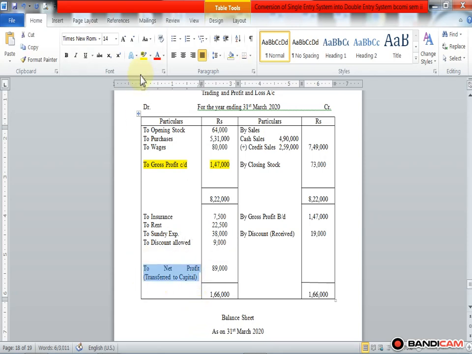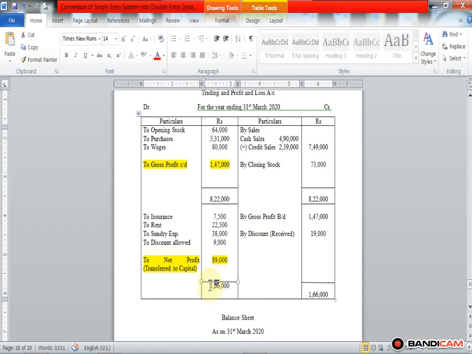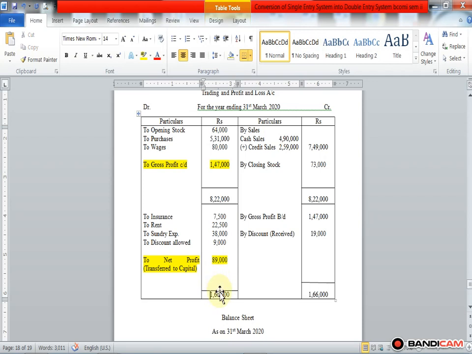So this is the balancing figure. Got it? Okay, so the net profit is transferred to capital.